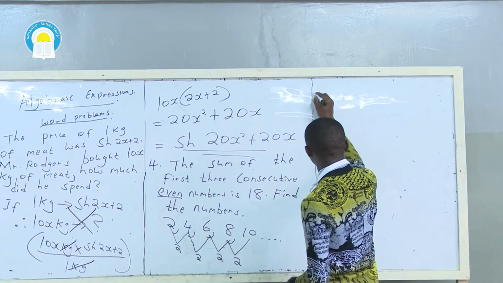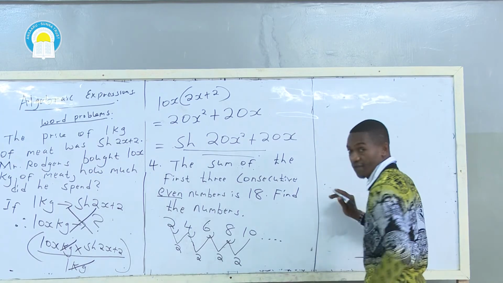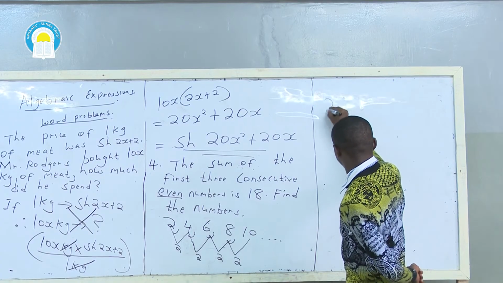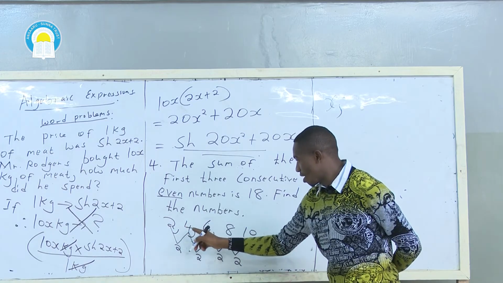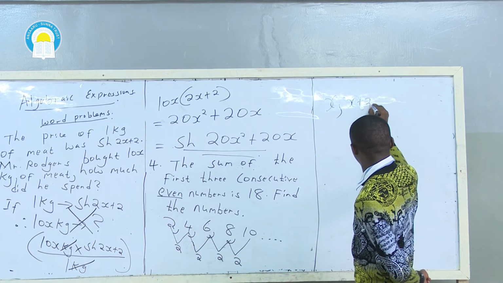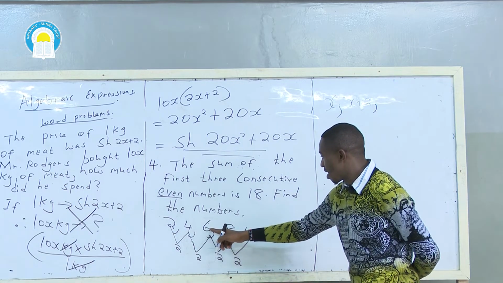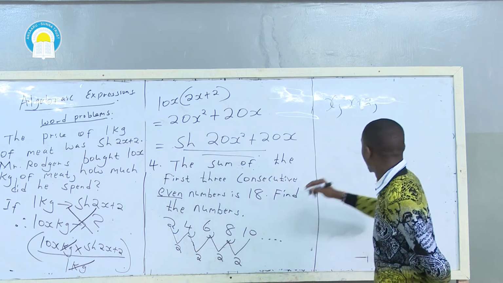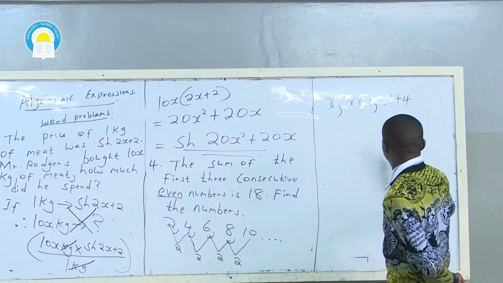So the first even number, I told you that the topic is all about letters, will be x. Then the second one, from 2 to 4, when you look at the normal numbers, you add 2. So the second one will be x plus 2. Then from 2 to 6, how many are you adding? 6 minus 2, that is 4. So the third one will be x plus 4.